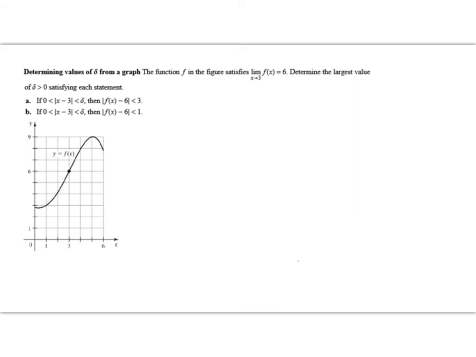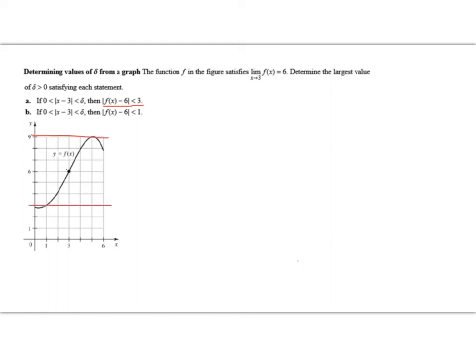Here it says the limit as x approaches 3 of f of x equals 6. So at x equals 3, the graph equals 6. We want to know the largest value of delta that will make the statement true, so that we really know that limit exists, which we do. It's saying the absolute value of f of x minus 6 has to be less than 3. So I can be 3 above or 3 below.